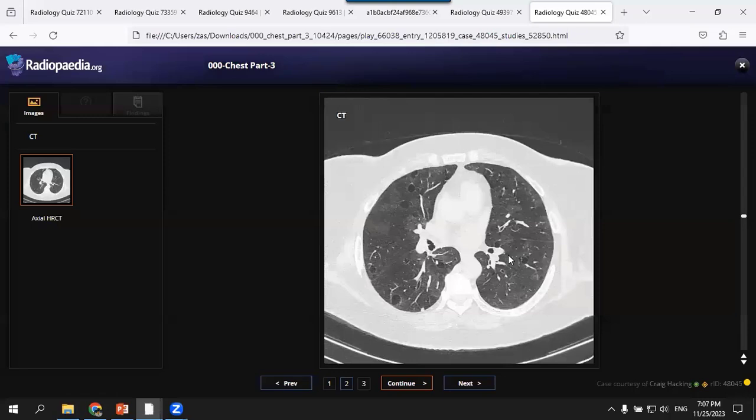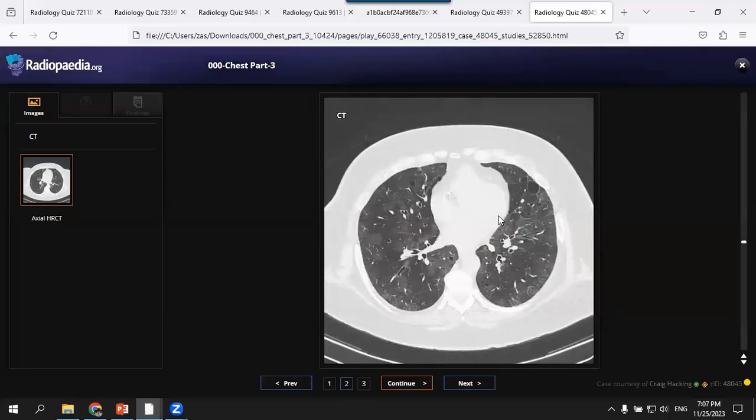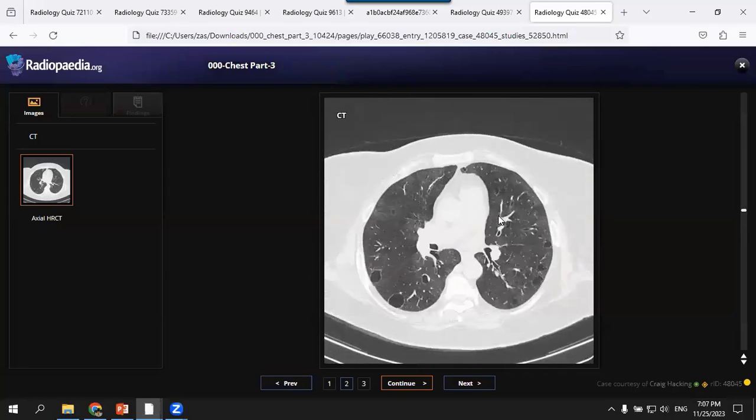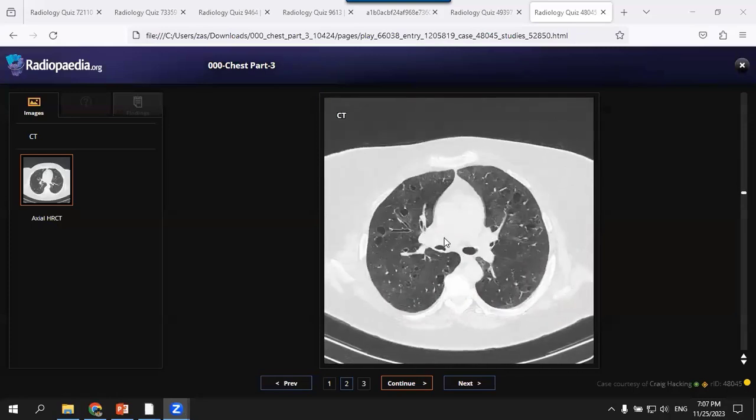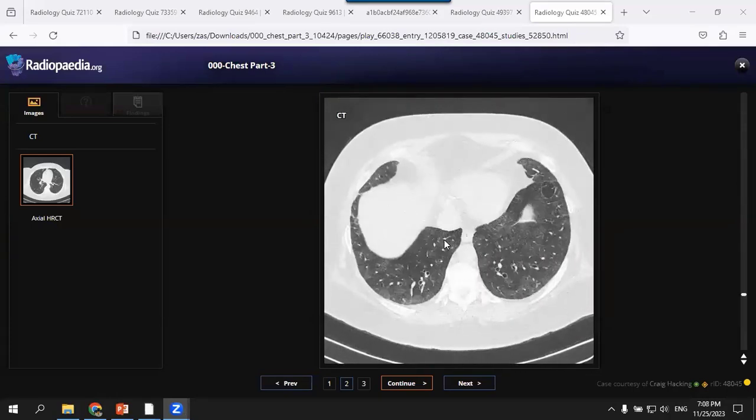The pattern is stationary since many years. Okay. Can I see down to the last image? Okay. What is your differential?